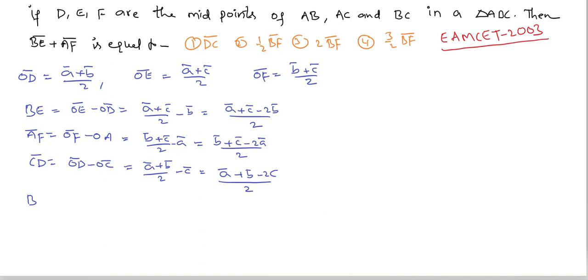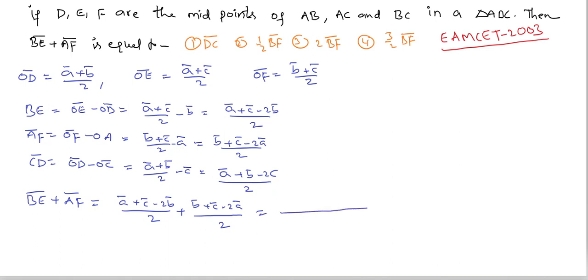Now we add these two, BE bar plus AF bar. So BE bar value is A bar plus C bar minus 2B bar by 2 plus B bar plus C bar minus 2A bar by 2, equal to, take LCM 2, A bar plus C bar minus 2B bar plus B bar plus C bar minus 2A bar, that is minus A bar minus B bar plus 2C bar by 2.